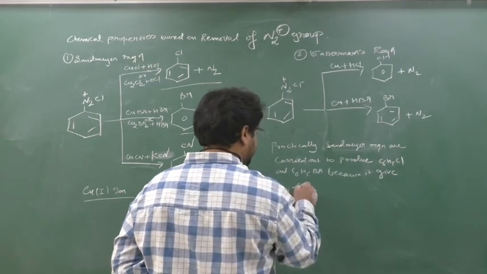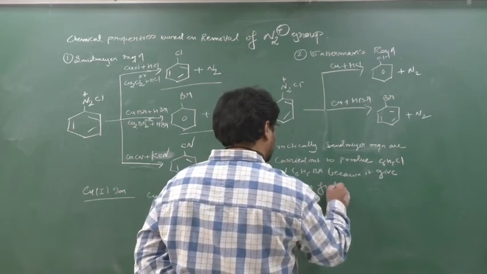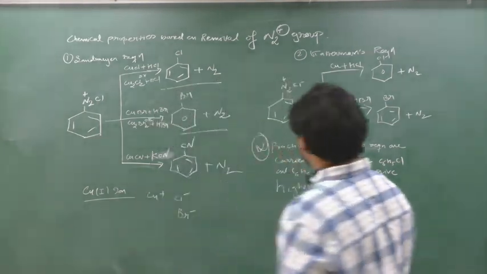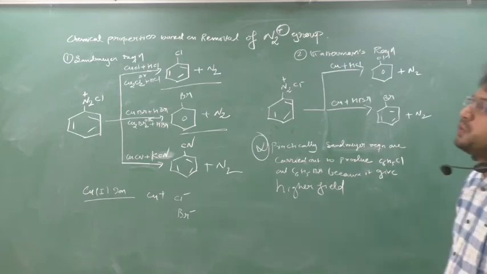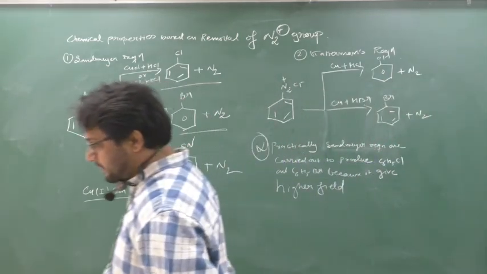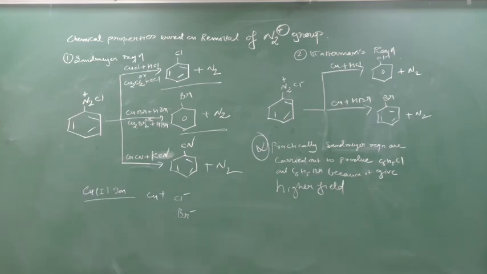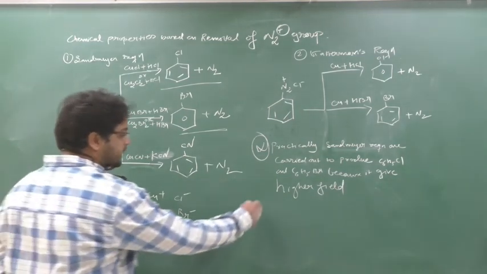This is very important for your MCQ. The question can ask, why is the Gattermann reaction not followed to generate chlorobenzene and bromobenzene? The reason is that chlorobenzene and bromobenzene generated by the Sandmeyer reaction have a higher yield as compared to the Gattermann reaction.